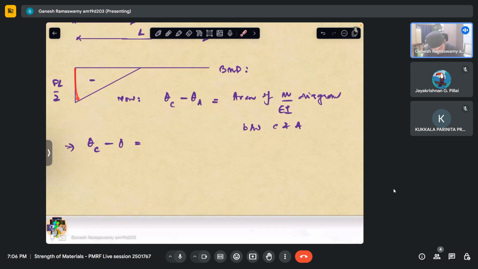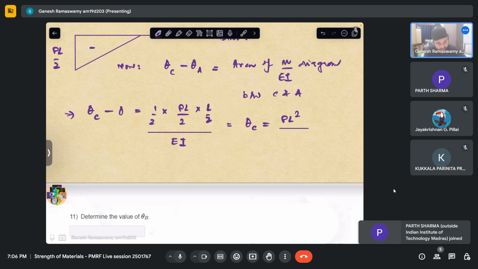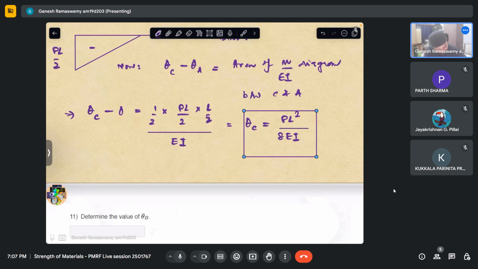It is half into M, which is PL by 2, into L by 2, whole by EI. So this comes out to be theta C is PL squared by 8 EI. So this much we have got.